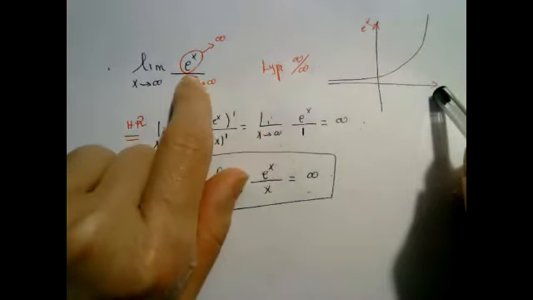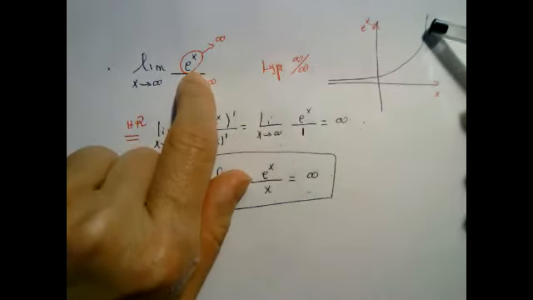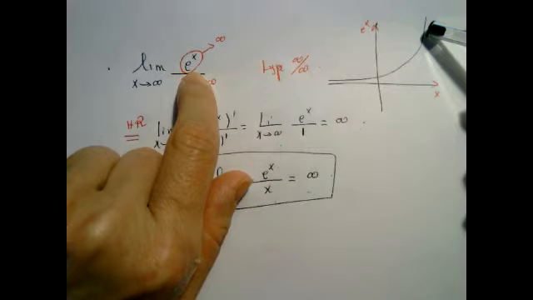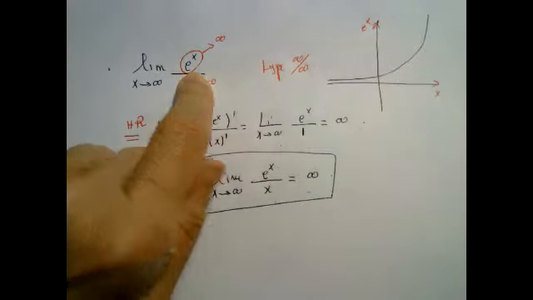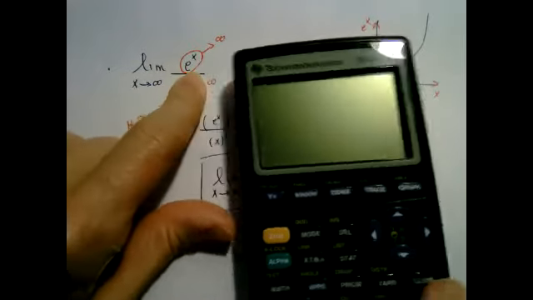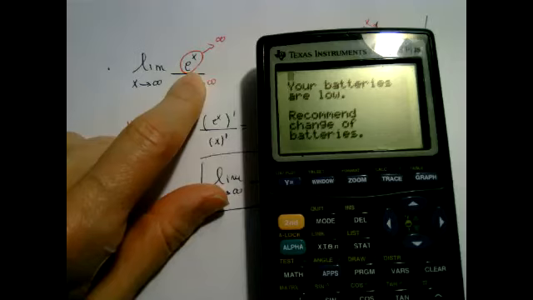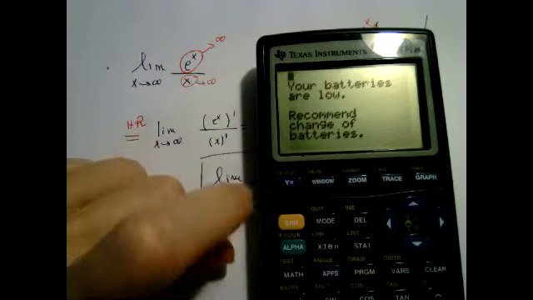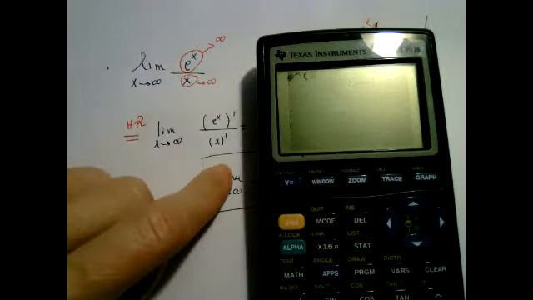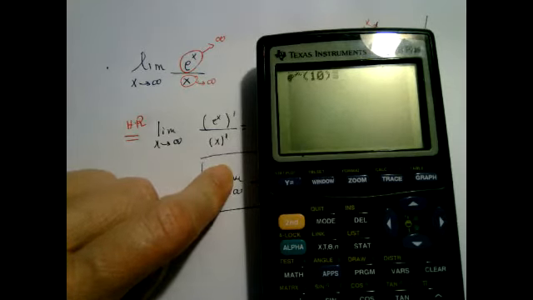large, e to a large number, what does it give me? A large or a small number? So in other words, let me pick this calculator here. If I take e to a large number, what did I get?